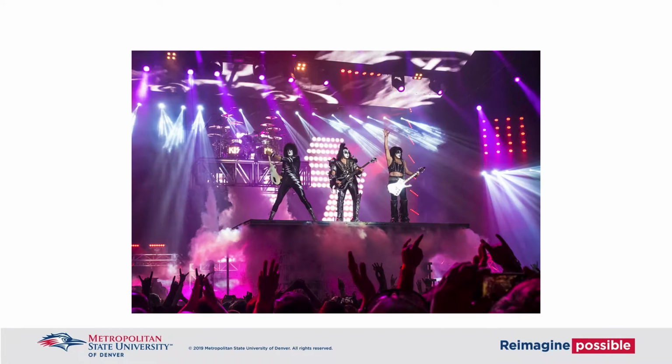More like an arena, something like this, where we've got here the rock group Kiss playing to thousands of adoring audience members, and so they're a good example of arena rock. But the point is that we are looking to talk about something where hopefully everything is in tune, everything comes together, everyone is having an okay time, and everyone is getting what they expect to get and seeing what they expect to be seeing.